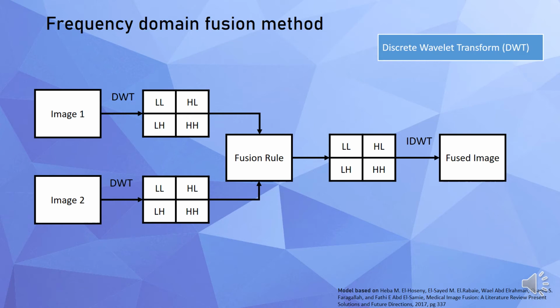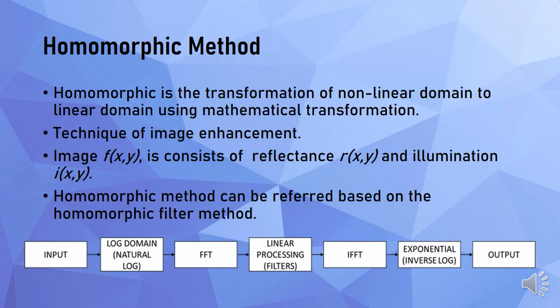For DWT, the image is transformed and decomposed into low frequency and high frequency components. Then after being fused in the DWT domain, we take the inverse DWT to have the fused image in the spatial domain.